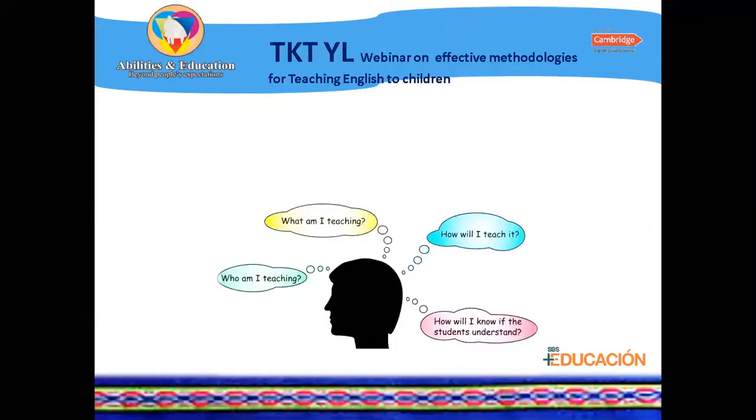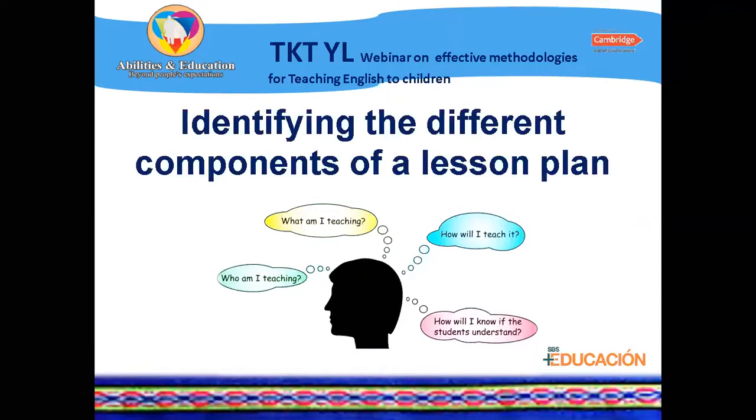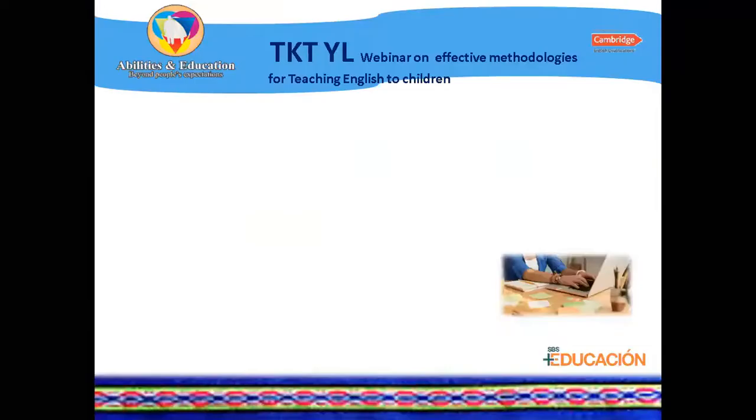Okay, there are three things we will talk about tonight. This is the first thing: the focus right now is on identifying the different components of a lesson plan.